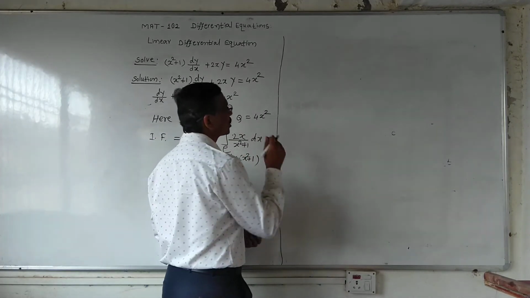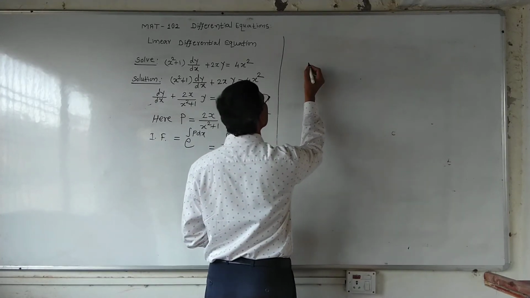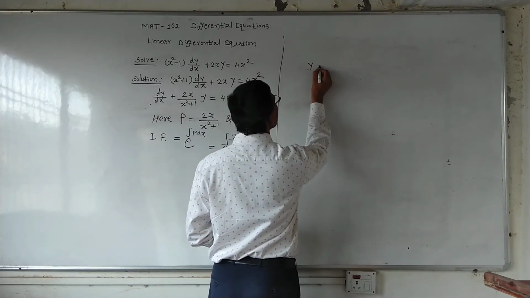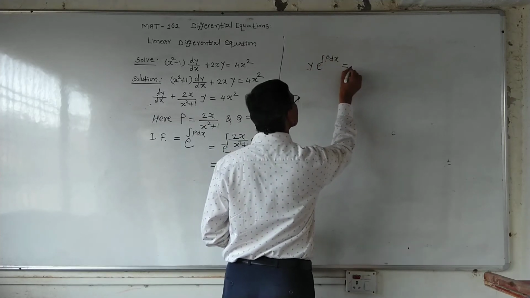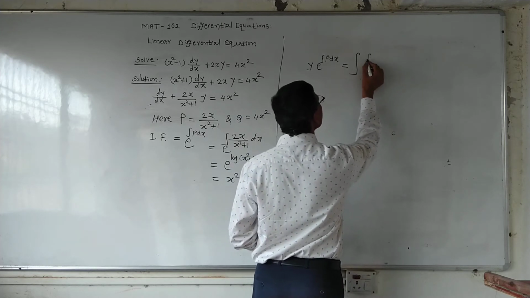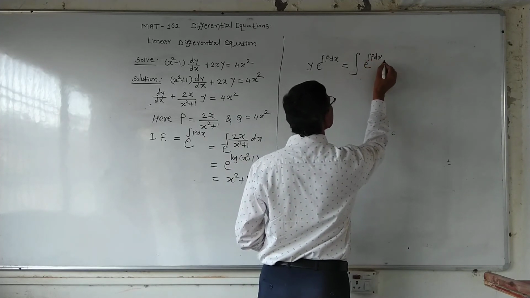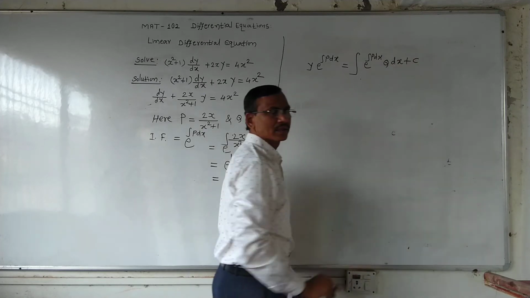The solution is given by y into e raised to integral p dx equals integration of e raised to integral p dx times q dx plus constant of integration.